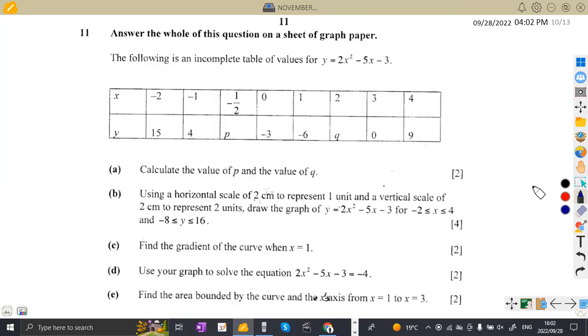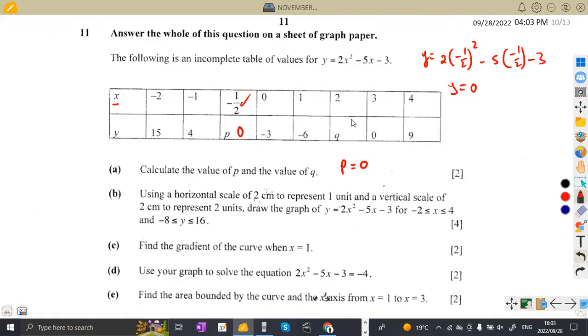So here, guys, I told you that it's simply a substitution that is going to take place. In place of x here, we're just substituting -half. So y is equivalent to 2 into -half to the power of 2 minus 5 into -half minus 3, which means y is going to be 0 here, which means that's our P. So we are saying P is equal to 0.